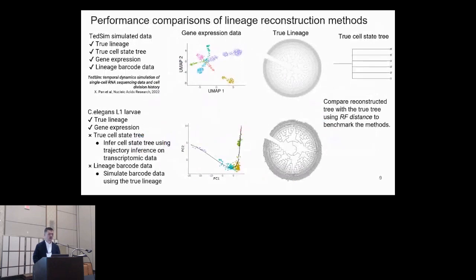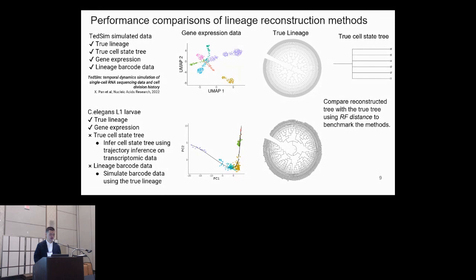With that, we would like to test LinRace's performance against other lineage reconstruction methods, which is relatively difficult because most of the time we don't have ground truth for the true lineage. Luckily, we have simulated data here, where we know the true lineage and also the true cell state tree. On the other hand, we have the C. elegans L1 larvae dataset where the true lineage is resolved.